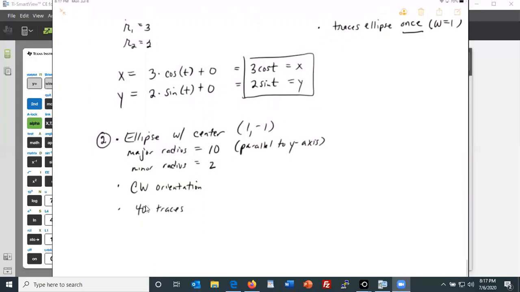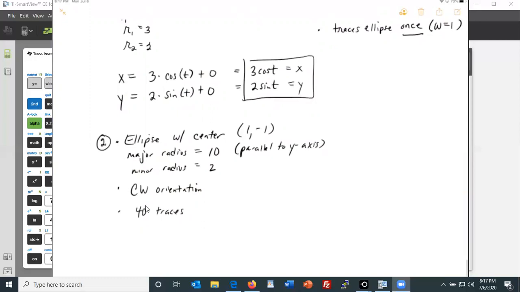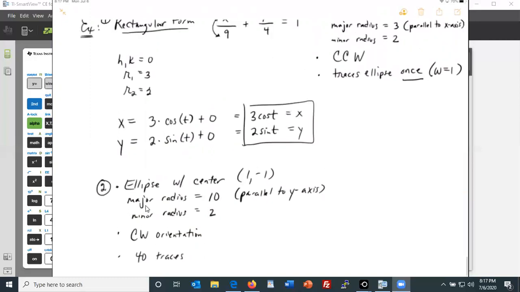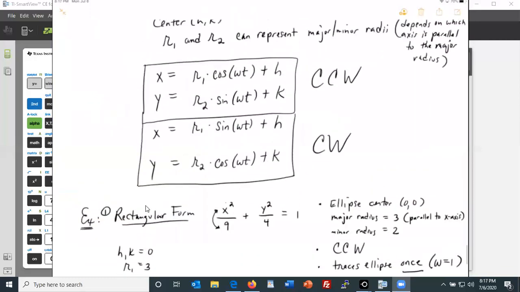So what would our equations be? First, let's look at the orientation. The clockwise orientation would use my second set of equations here, where the sine is the x equation.